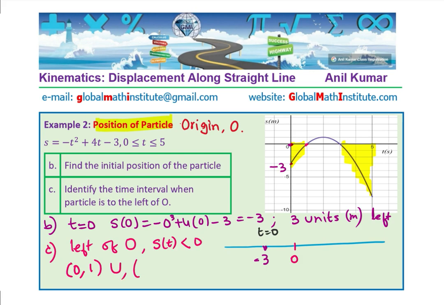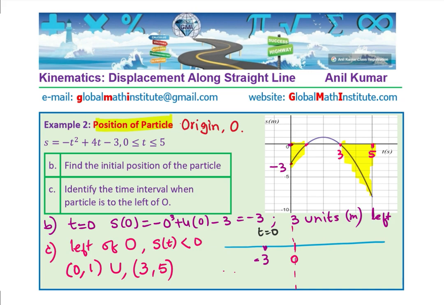And use the union from this point, which is 3 to 5. So during this interval, the object is to the left of origin. Do you see that? Left of our reference point, which is origin. Is that clear to you?